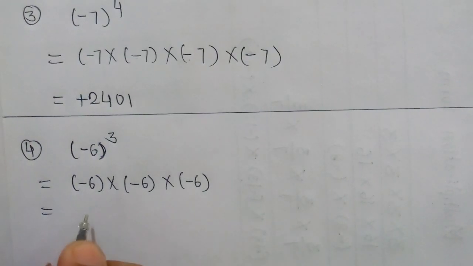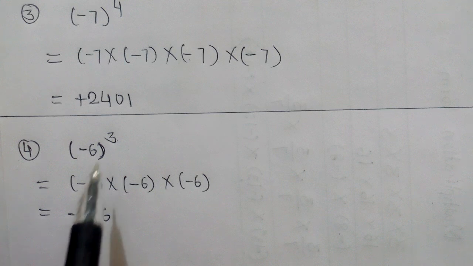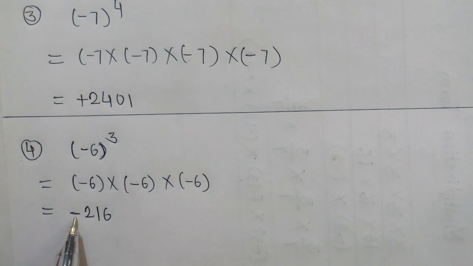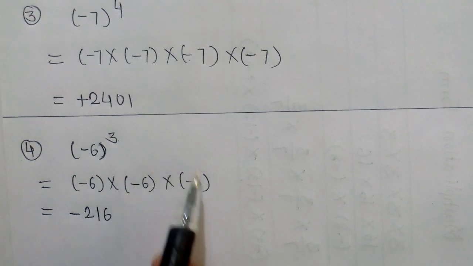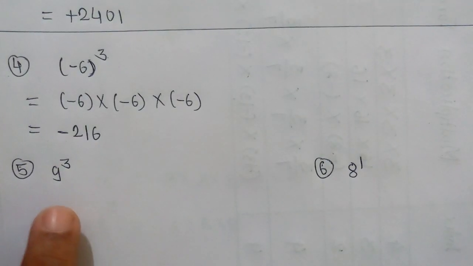So the multiplication is 216 and the answer will have a minus sign. So in the previous example I told you, if this index is an odd number you have to give a minus sign to the answer. How does it happen? Minus minus plus, plus minus minus. Same way you can solve this fifth example.